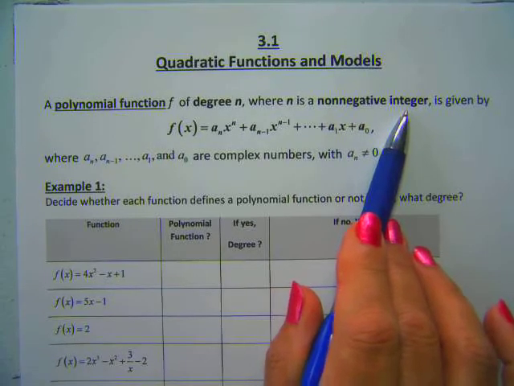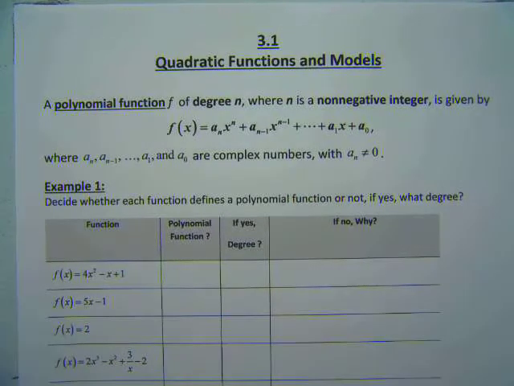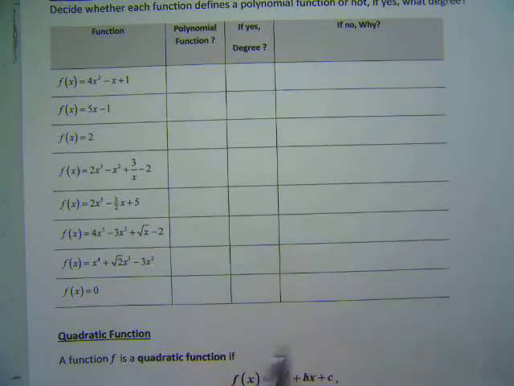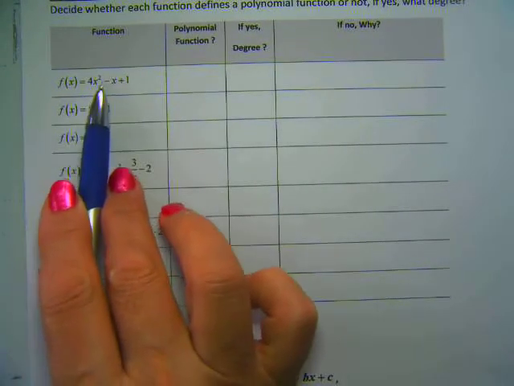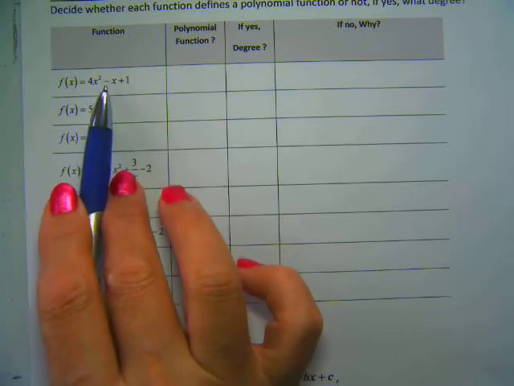So to get us familiarized with it, I have example 1, and in it you are to decide whether each function defines a polynomial function or not, and if yes, what degree. So let's look at the first one. F of x equal to 4x squared minus x plus 1.